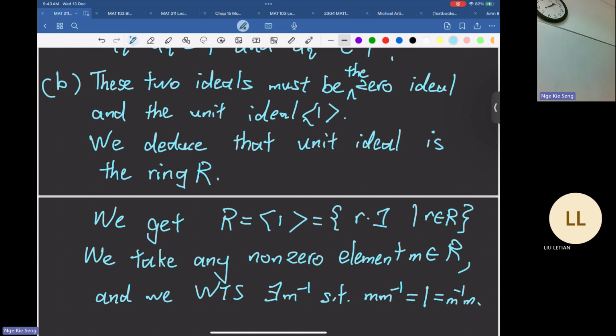Yeah, try to think about it. How to find the inverse?